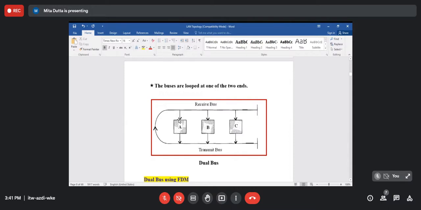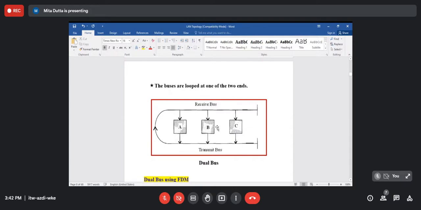Both of these two buses from the figure end with a terminator, and one side of the transmit and receive bus is joined here.